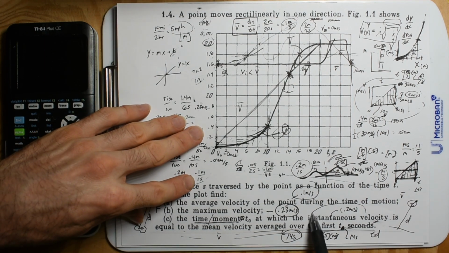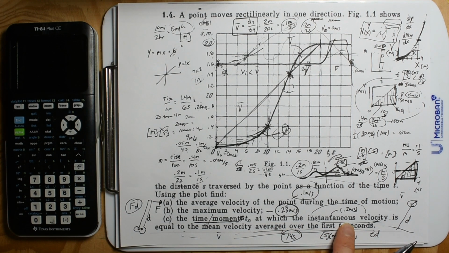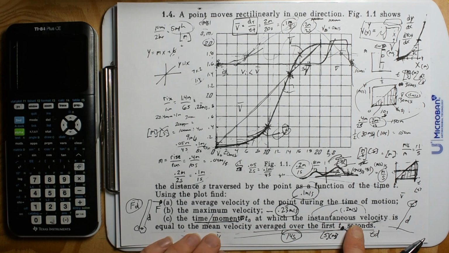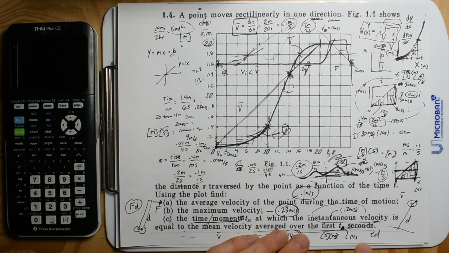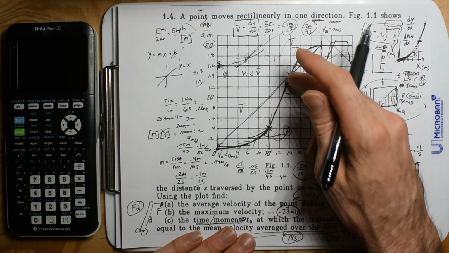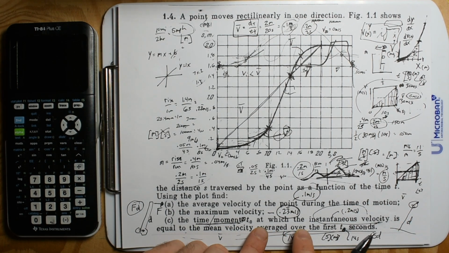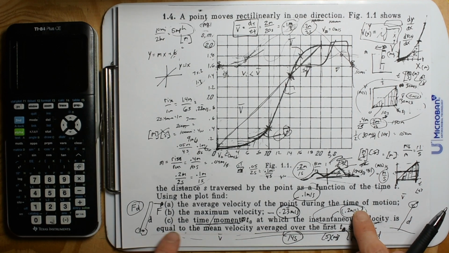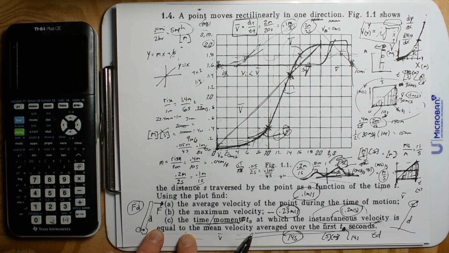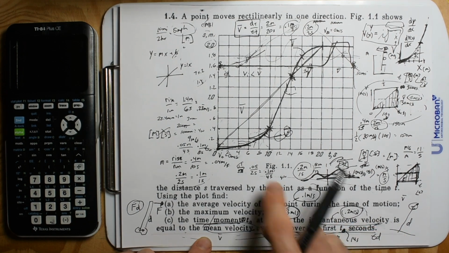The instantaneous velocity, so it's the time or moment where the instantaneous velocity is equal to the mean velocity. Maybe I didn't do it. I think this is more complex. I think we've solved two things that are not even this question. They want to know the time where the instantaneous velocity is equal to the mean velocity averaged over those seconds.